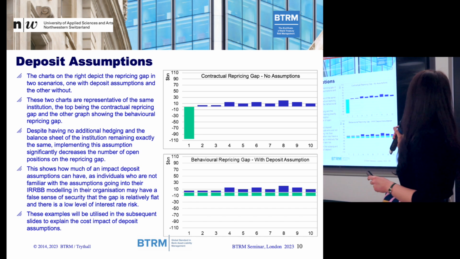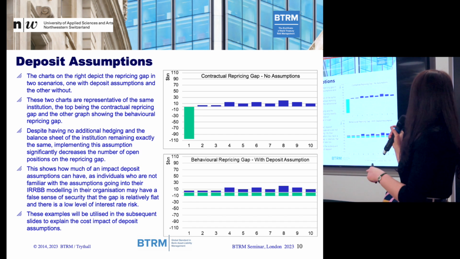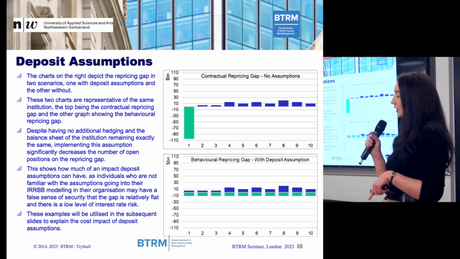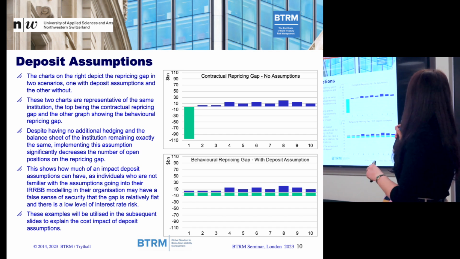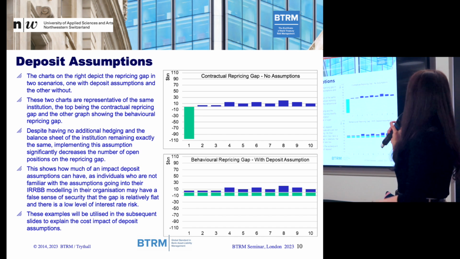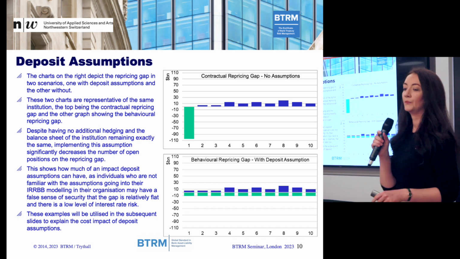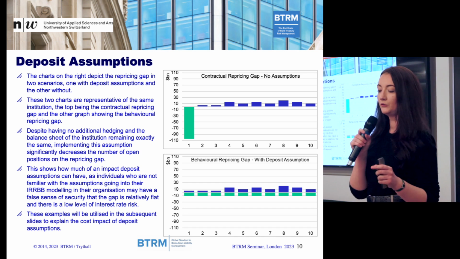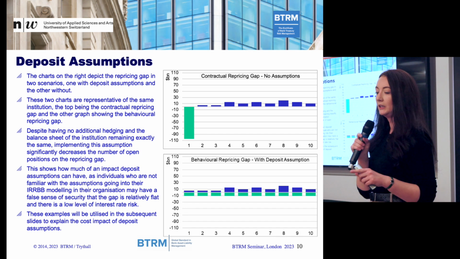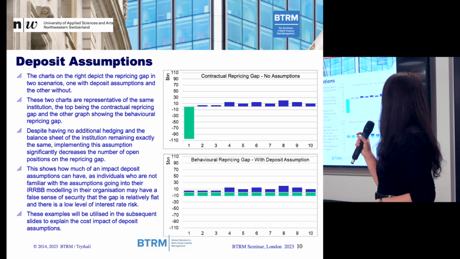But the difference is one's contractual, one's behavioural. So one's spreading their current accounts and one's not. You can see the current account position is around minus 100 billion for the contractual, and then that's spread across the gap for the behavioural. So this shows how, if you've got a current account spreading assumption, this is how it would be shown on your gap if it was spread out to 10 years.